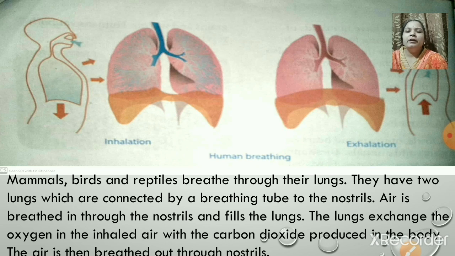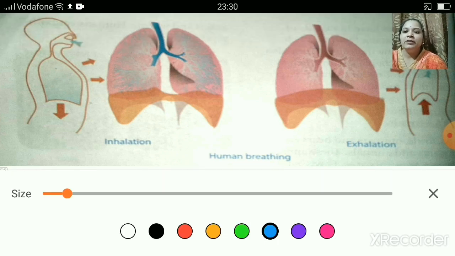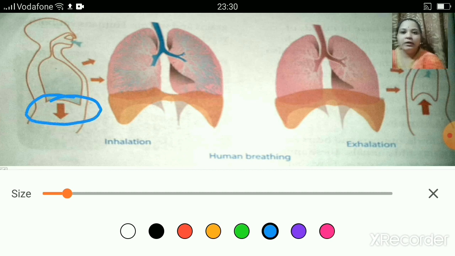Now, children, can you see in the picture on the left hand side, that is the picture showing inhalation, and on the right hand side it is showing exhalation. In this picture, if you see here, this organ is known as the diaphragm.